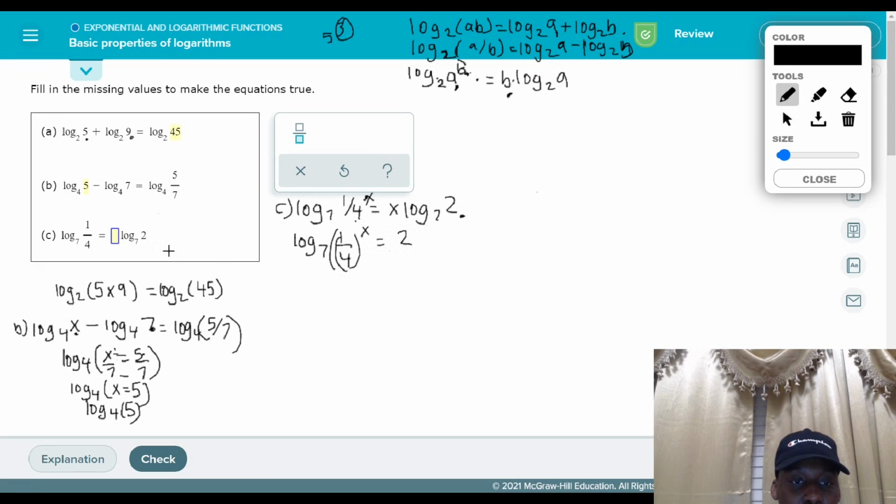So 1 over 4 is the same thing as 4 to the power minus 1, and raising to the power minus 2 is the same as saying, let me give an example: 3 to the power minus 2. Since we have a minus exponent, this is going to say 1 over 3 squared, because we want to remove the minus. It is the reciprocal of 3 squared.